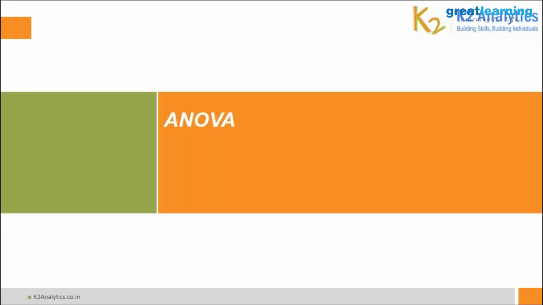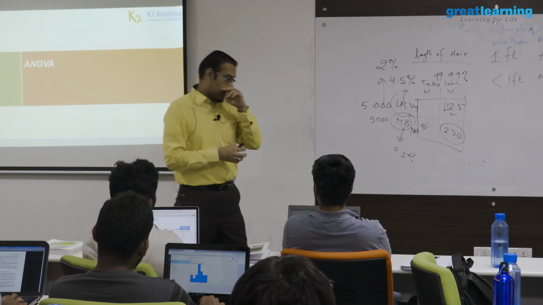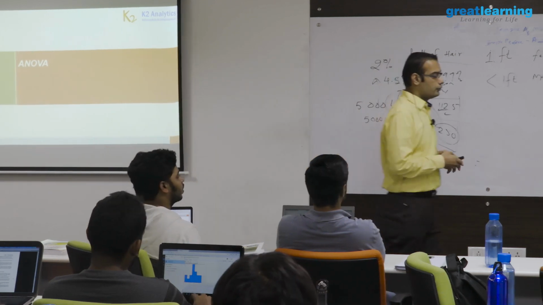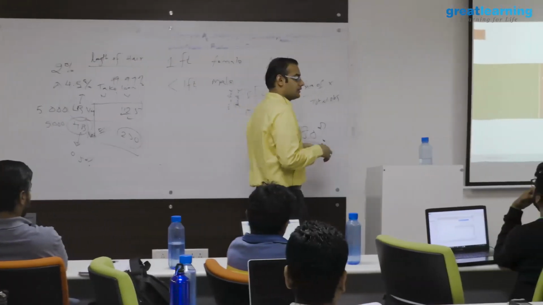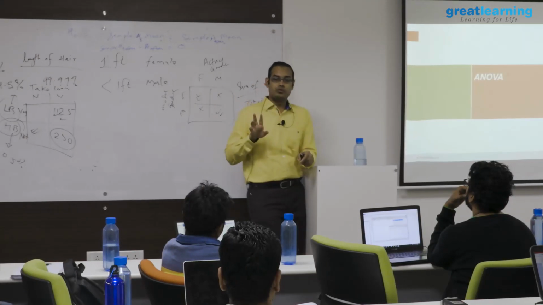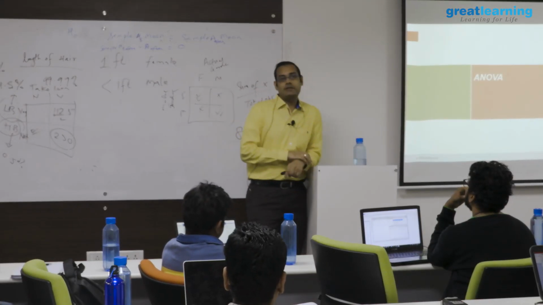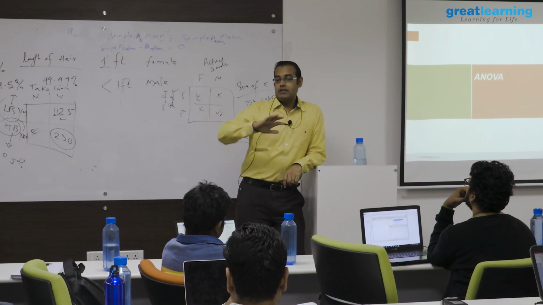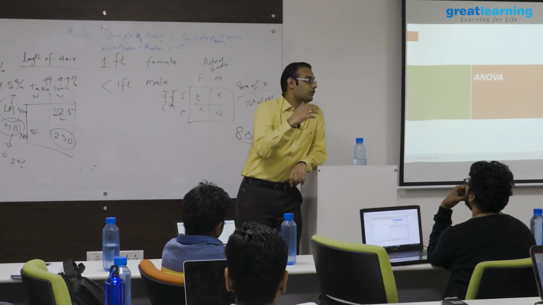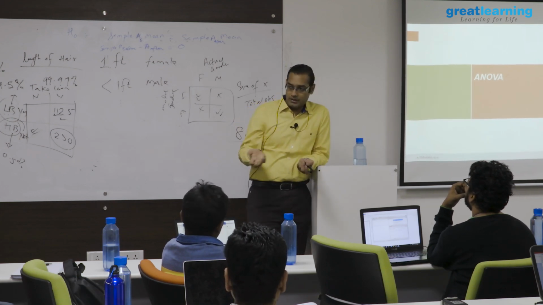But the moment you have to go from two samples to three samples or more, you cannot use a t-test, because t-test is max for two samples. And what does t-test prove? Whether the means of the two samples are equal or not equal. That's what the t-test is.